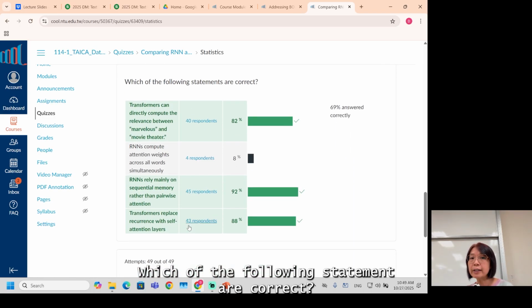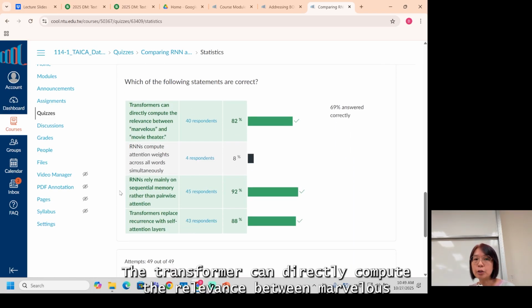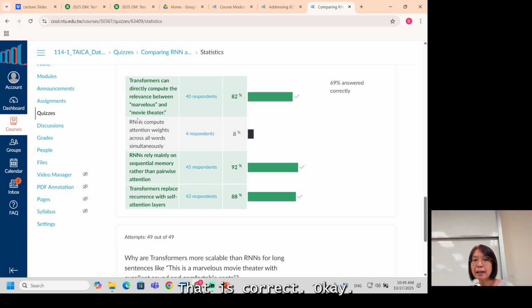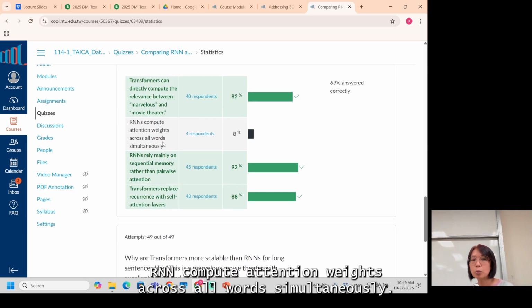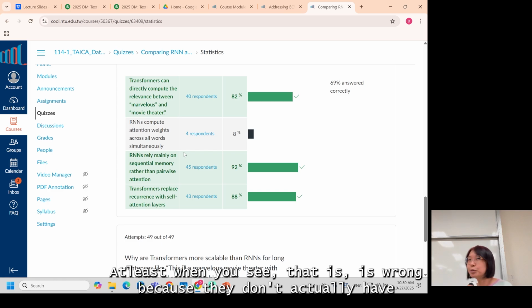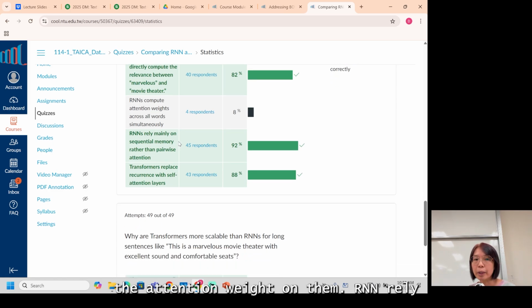Okay, which of the following statements are correct? The transformer can directly compute the relevance between marvelous and movie theater. That is correct. Okay. RNN computes attention weight across all words simultaneously. You need to know that is wrong, right? Because the RNN does not have attention. At least when you see that, you say, oh, it's wrong because they don't have the attention weight.